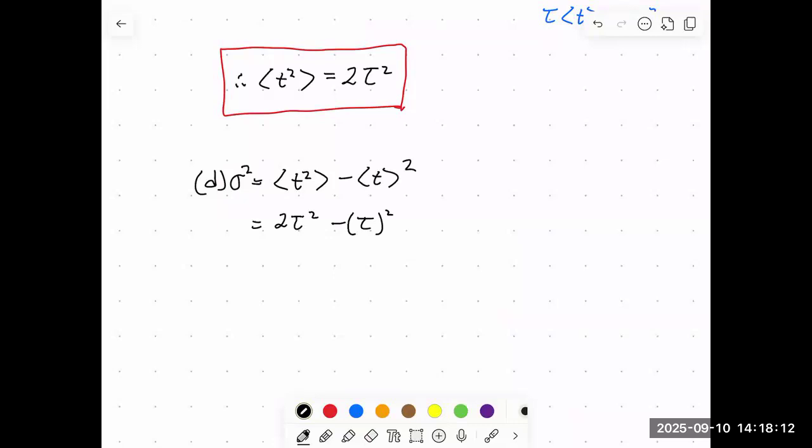And so we just get tau squared. And so therefore, the standard deviation is the square root of that, and it's just tau. So for our exponential distribution, we found that the mean value and the standard deviation are given by the same parameter tau, which represents the average lifetime of our population of decaying particles.